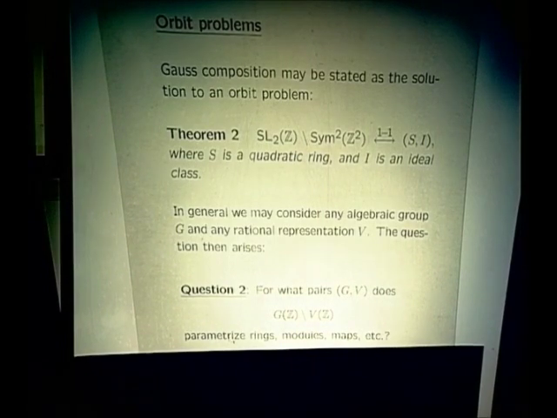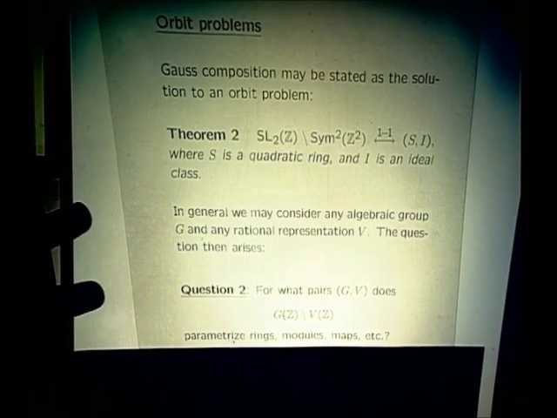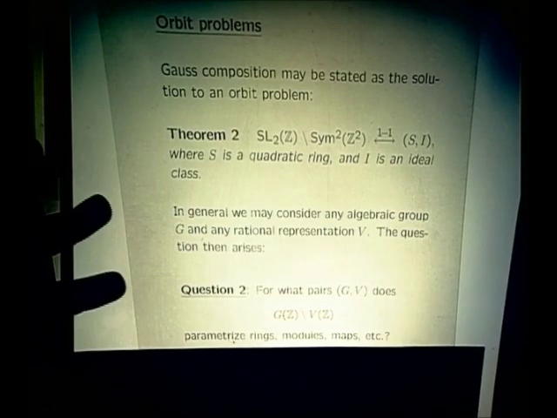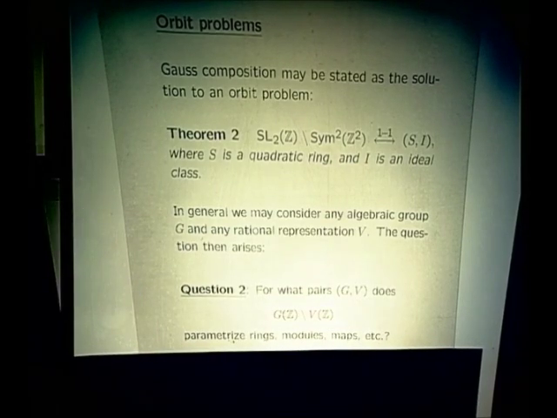We can ask for what pairs G comma V, where G is an algebraic group and V is a vector space, both defined over Z, what do the orbits of the action of G of Z on V of Z mean, in terms of, say, rings or modules? What algebraic objects are parametrized by the integer orbits of a general group representation?